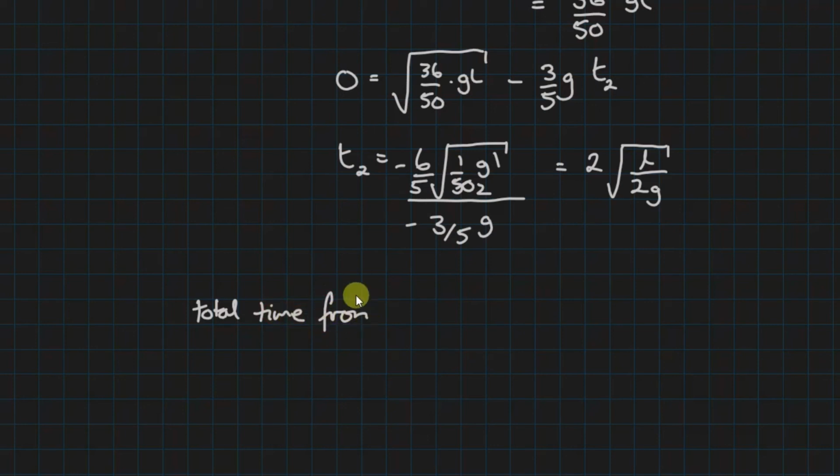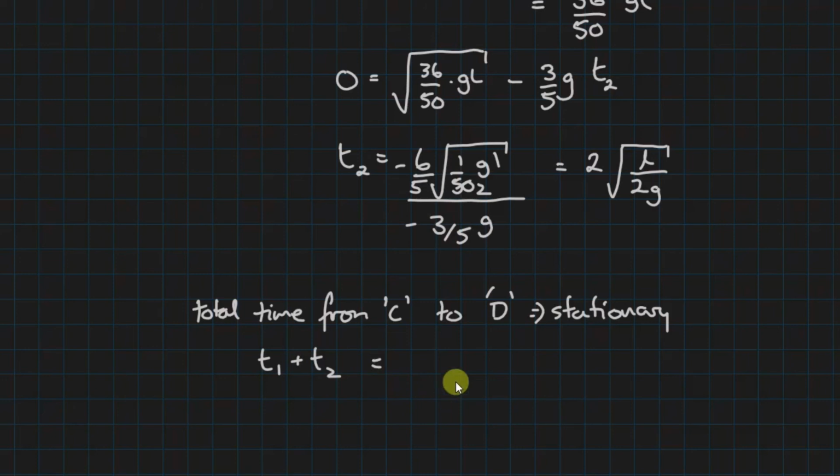And the total time then from the start point, which was, let's say, 2D when it's stationary, is T1 plus T2.